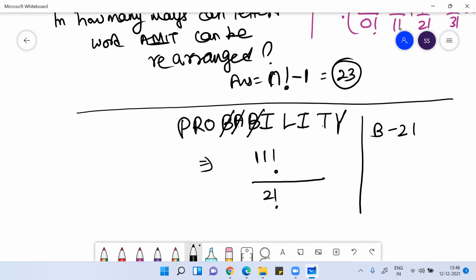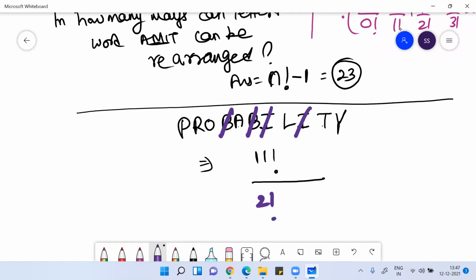So 11 factorial by, if you notice, B came twice, so 2 factorial. Then I came twice, 2 factorial. Any other letter repeated? No, right?